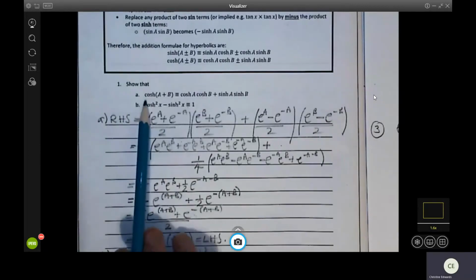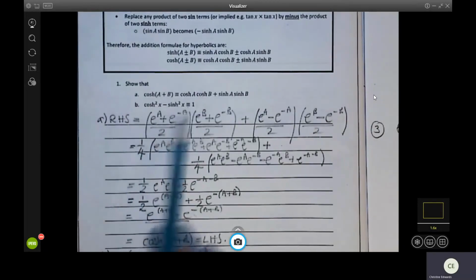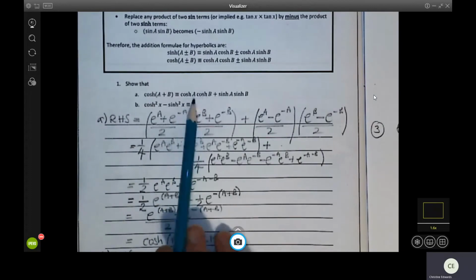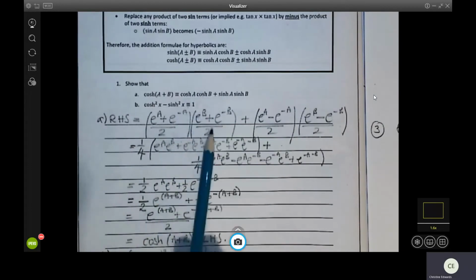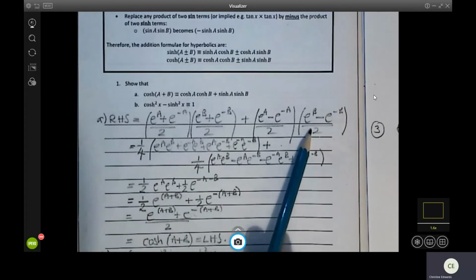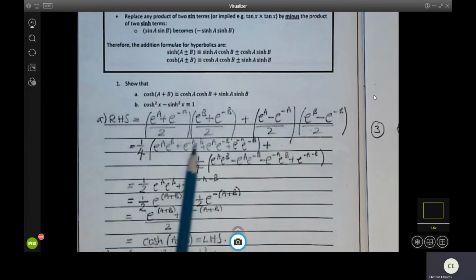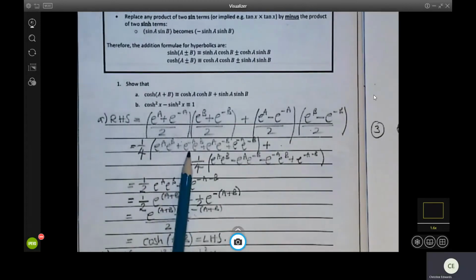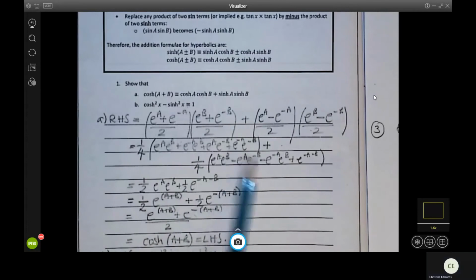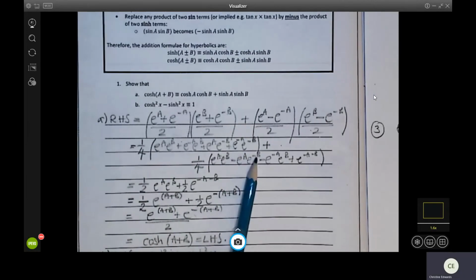Part A, the right-hand side, I have replaced cosh and sinh with the exponential versions. We then expand both brackets, which gives us these two brackets here.